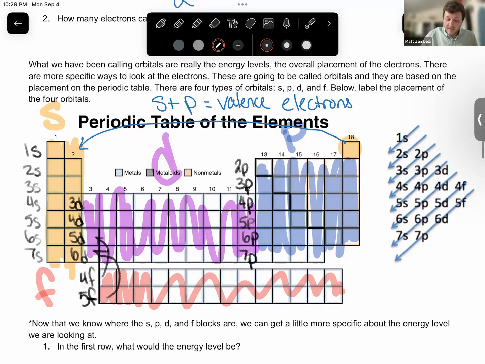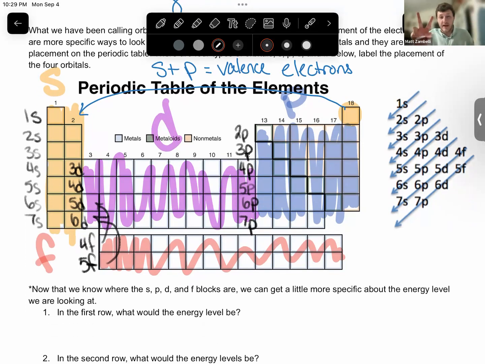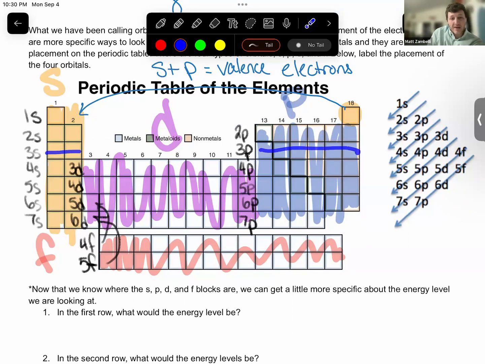So remember how I was telling you guys that our first orbital gets 2 electrons as the max. Our second orbital, or second ring, has a maximum of 8. Our third has a maximum of 8 when we're in our third row. But remember, we can get all the way up to 18 if we count these guys in the 3d block. And that's why we can get to 18.